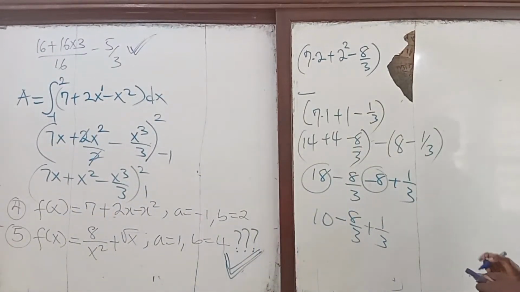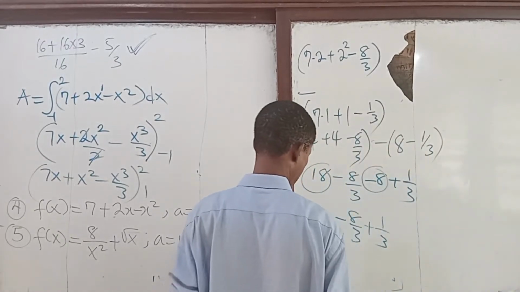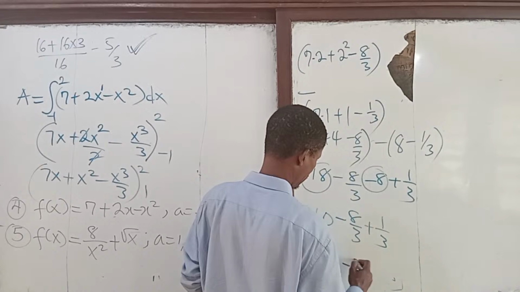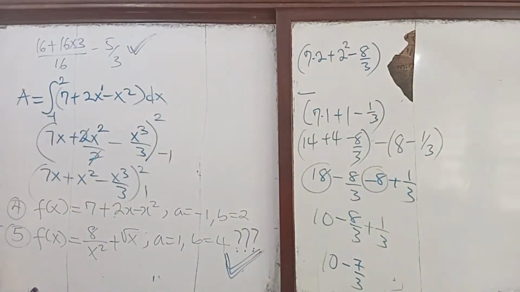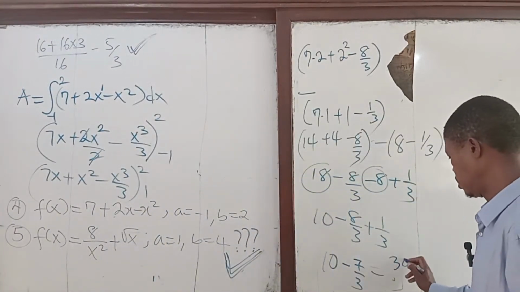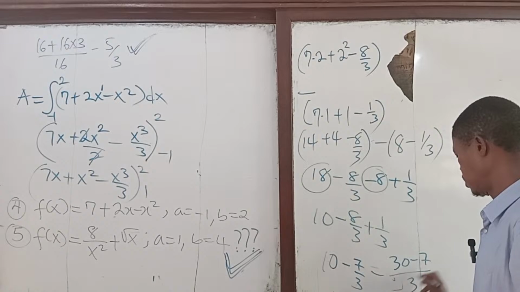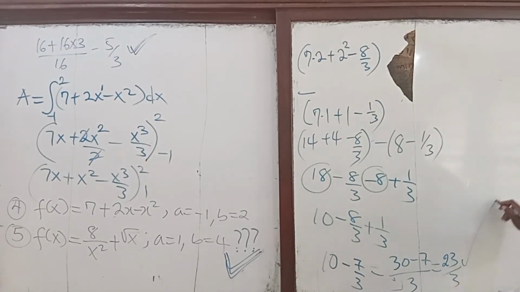Minus 8 over 3 plus 1 over 3 is minus 7 over 3, so 10 minus 7 over 3. That will be equal to 30 minus 7 over 3. That's 23 over 3. So that's that on that question.